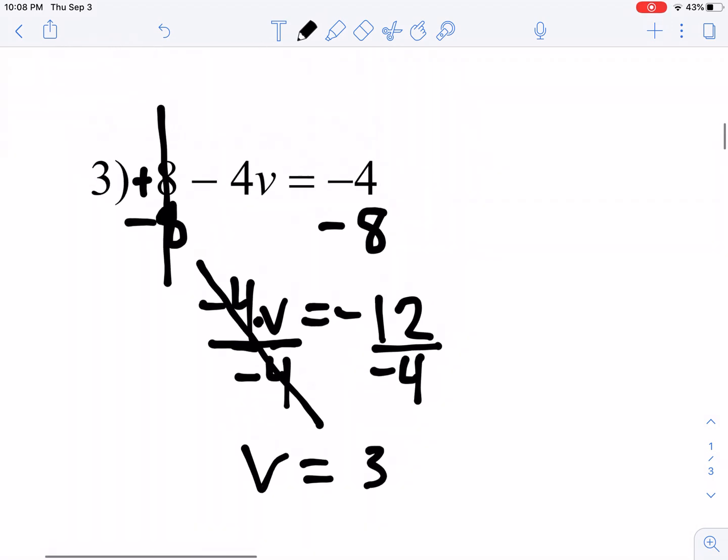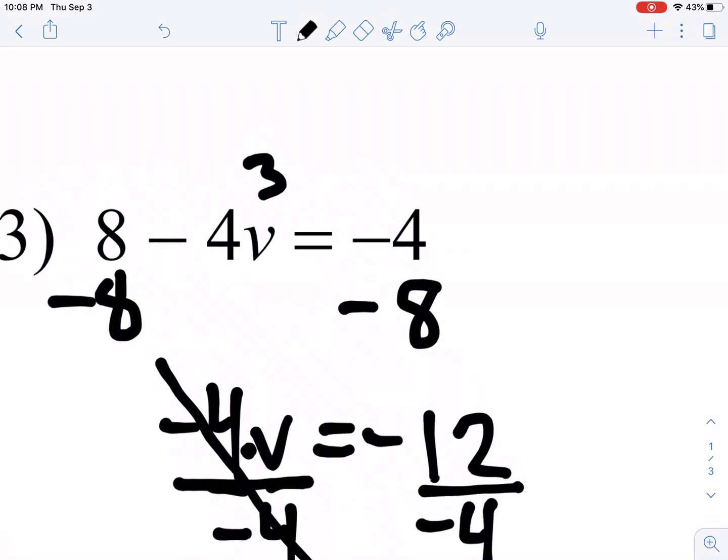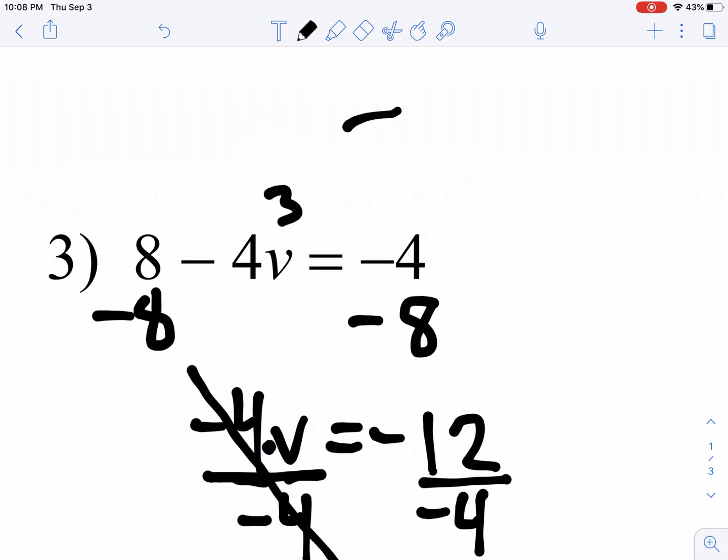Now we could check the original equation, see if this works. Okay, so if I get rid of this for a second, if I plug in a 3 here, follow the order of operations now. What do we do first? Is it 8 minus 4 first, or this negative 4 times 3? Well, order of operations, we do multiplication first, so we'd move this guy over here. We'd have 8, and then what's a negative 4 times 3?